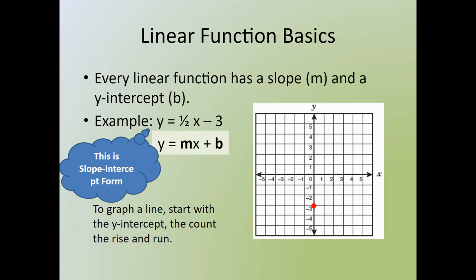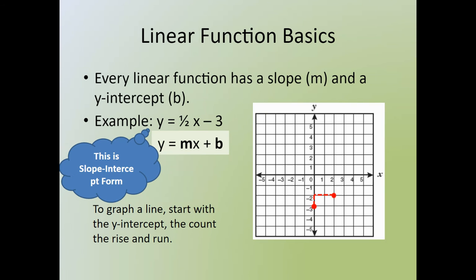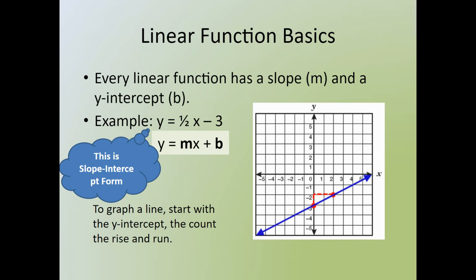So from the y-intercept, you go up 1 unit and then 2 units to the right, rise over run. So there's our second point. Now all we have to do is connect those two points and we have the graph of y equals 1/2 x minus 3.